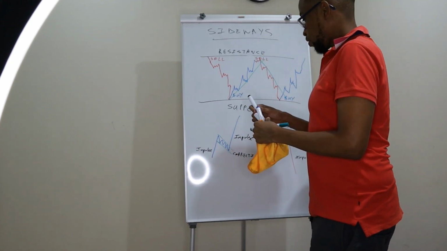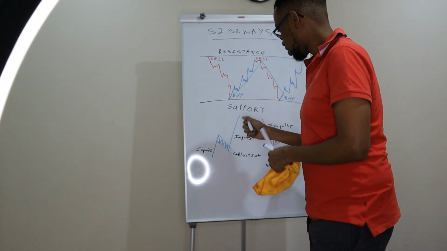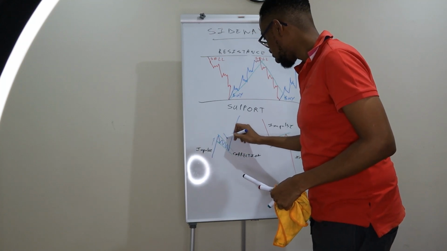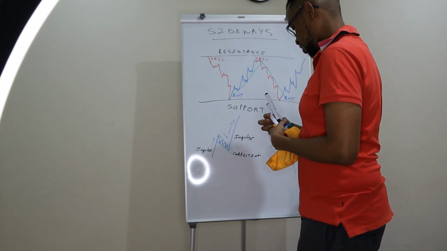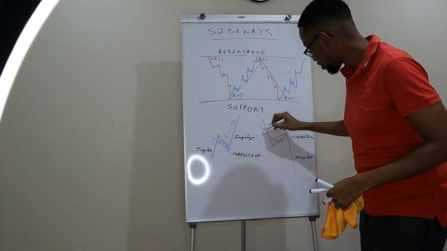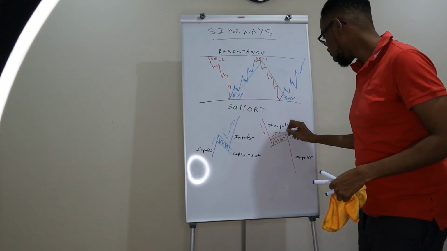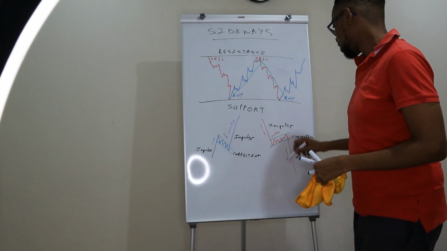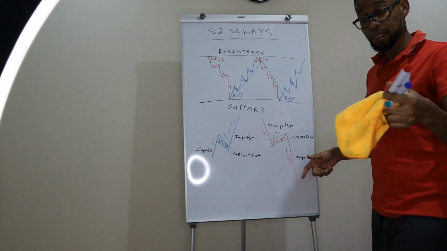You can see when we are going to the upward direction, even up, and then correction, up. And then for this one you are having impulse, correction, impulse. So this is what you will see in a downtrend.